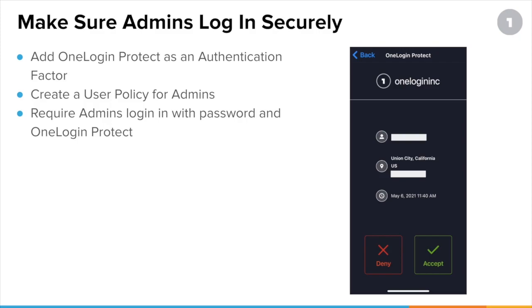We will go into user policies in more detail later on in this course when we talk about how to ensure your users are logging in securely to OneLogin. But we want to make sure we do this particular change right now so that our administrators are getting in securely while they're configuring OneLogin.